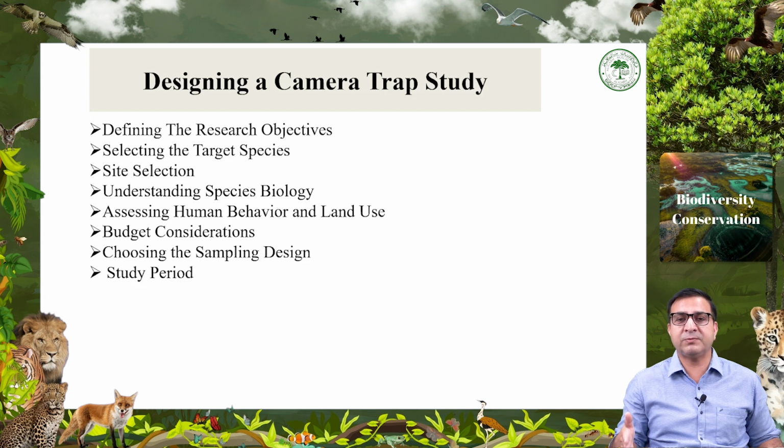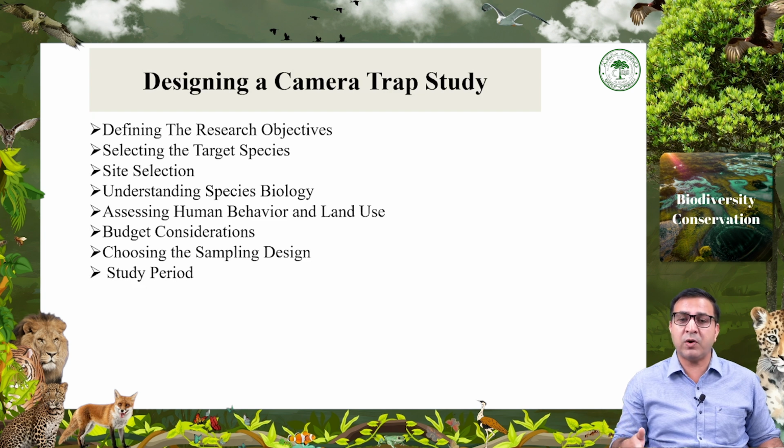That is the first step, and we need to be very sure about it. We need to select the target species, whether our target is carnivores, herbivores, or some other species. The study site is also very important when we design a camera trap study, which may be agriculture, grassland, forested habitat, or mountainous areas.